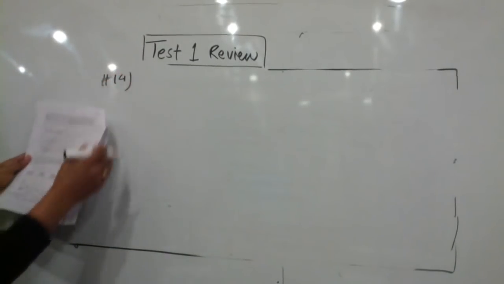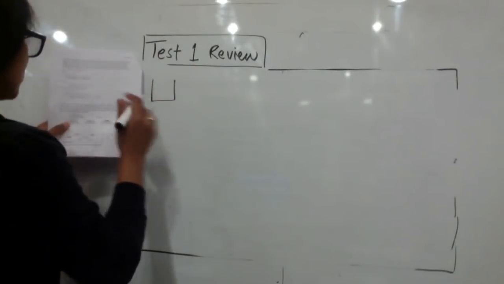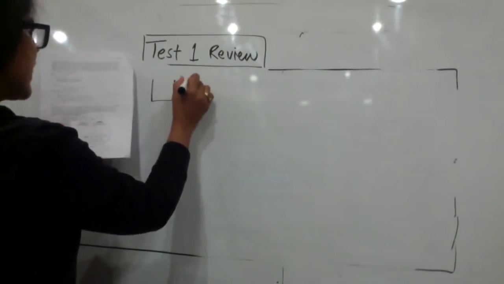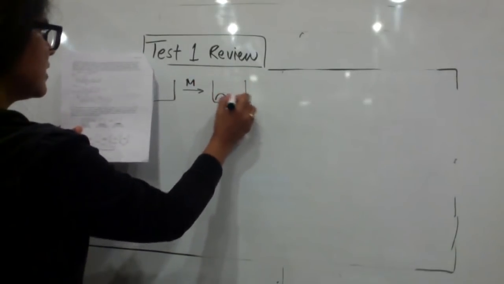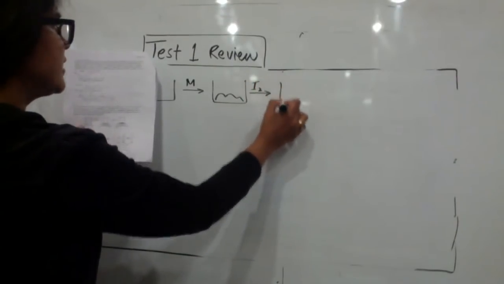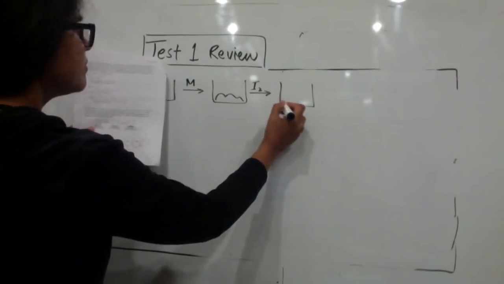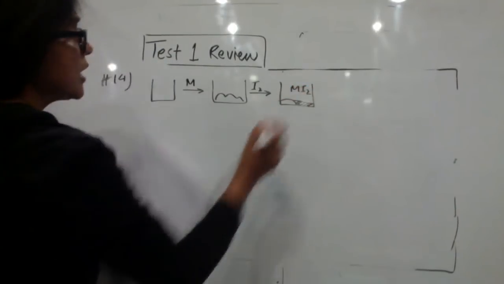Number 14 said you had an empty beaker. I'm not going to put the weighing scale. You added metal M to it, and then you added iodine and it formed MI2.